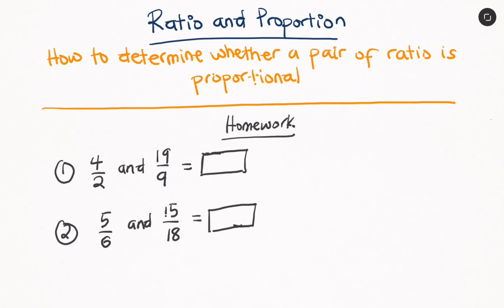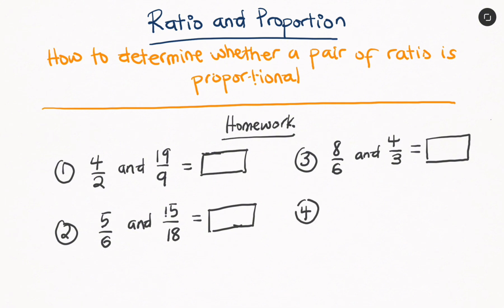If it is no, write no. Number 3, 8 on 6 and 4 on 3. If it is yes, write yes. If it is no, write no. Okay, and then number 4, 24 on 32 and 27 on 36.